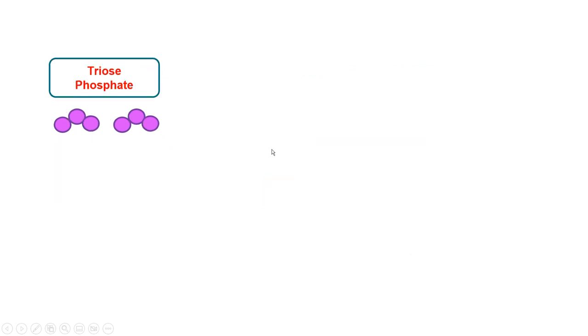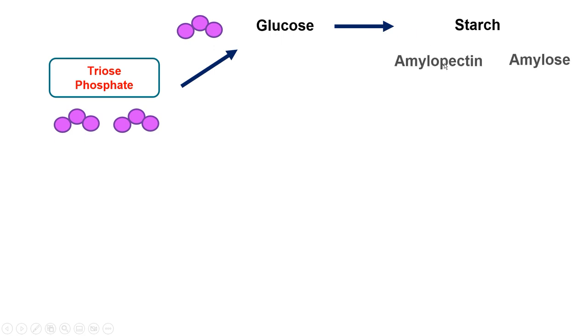Triose phosphate can either become glucose, right? Because the whole point of photosynthesis is to make molecules of glucose. And if I have an excess amount of glucose, that glucose can then be stored in the form of starch, which in plants is either amylopectin, which is the branched one, or amylose, which is the spiraled one.